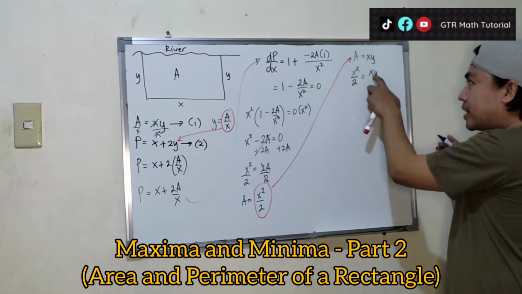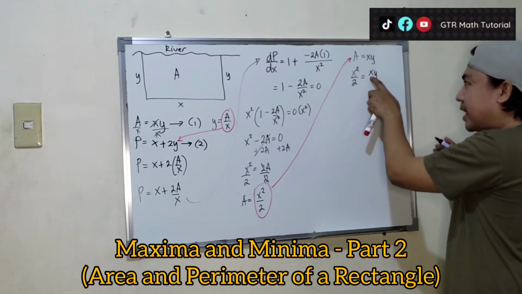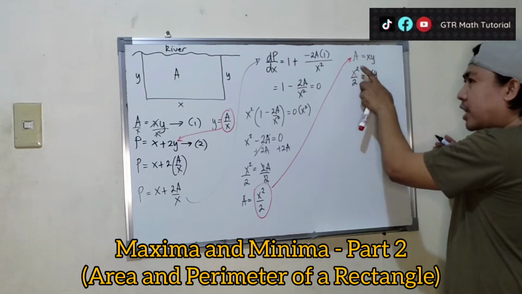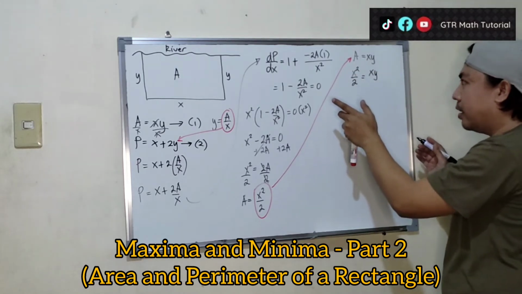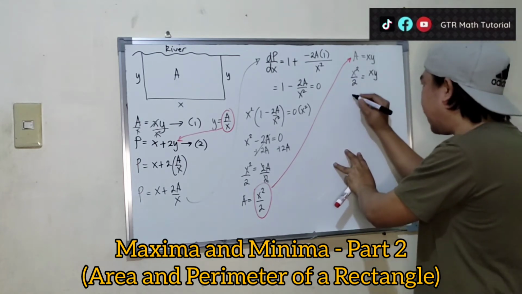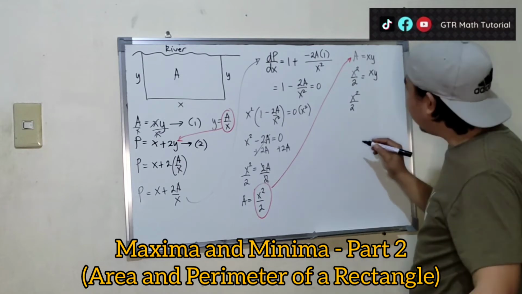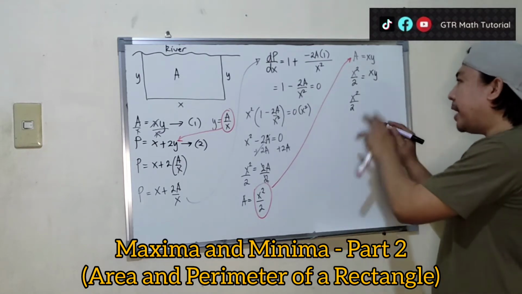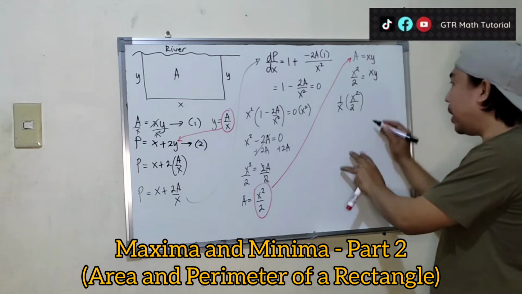So if we divide both sides by x, then the x here will be cancelled out, and x squared divided by x will become x. Okay, let me show it so it is clear. X squared over 2, divide by x, or that is the same as multiply by 1 over x. It's the same, okay?